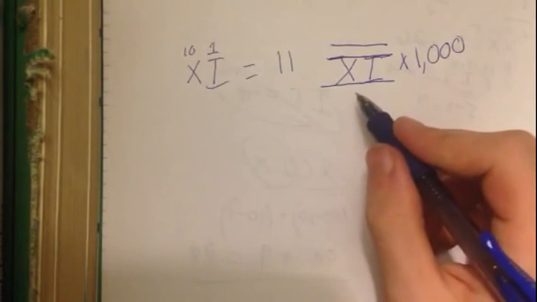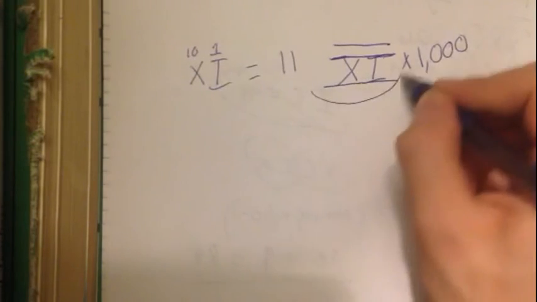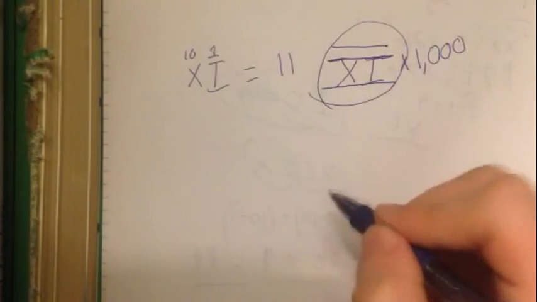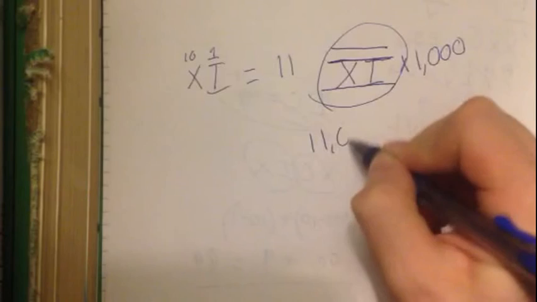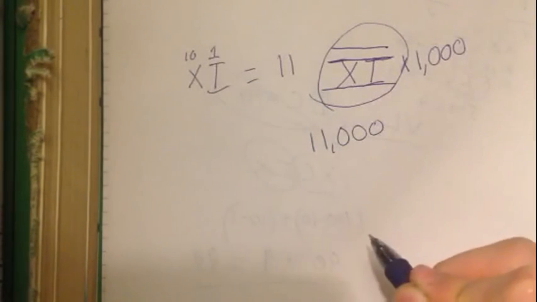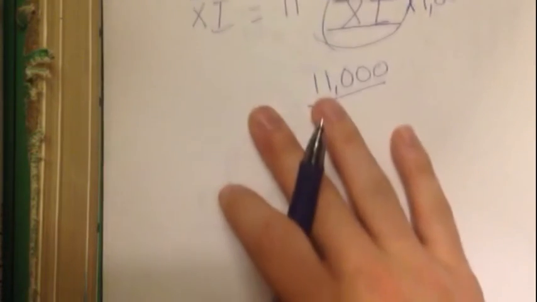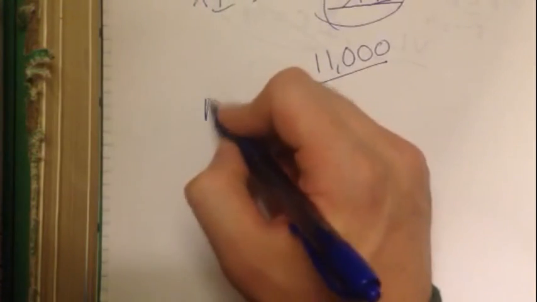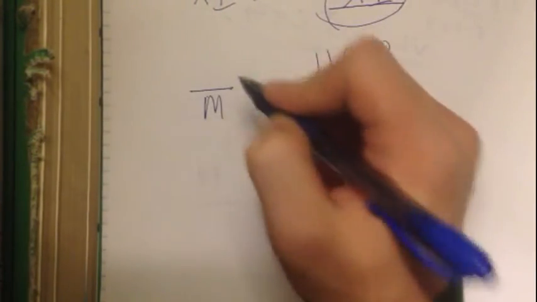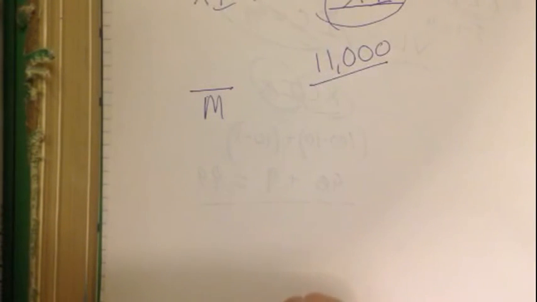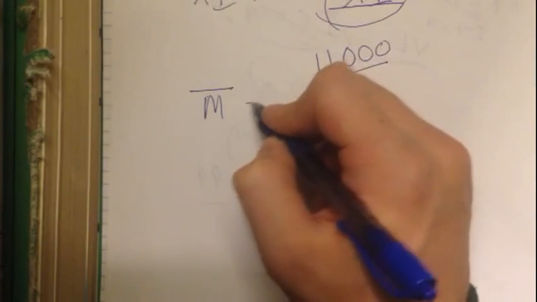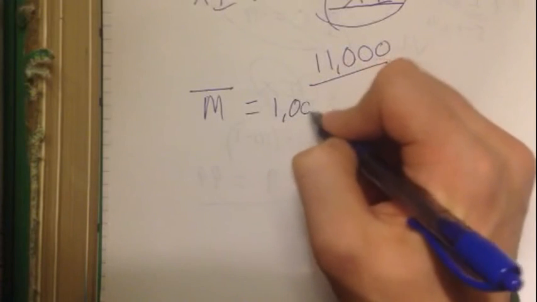So this symbol right here, the XI with the line over it, would represent 11,000. So you can get to some pretty big numbers pretty quick. Like if we did the M, which represented 1,000, with a line over it, just like that, that would be 1 million.